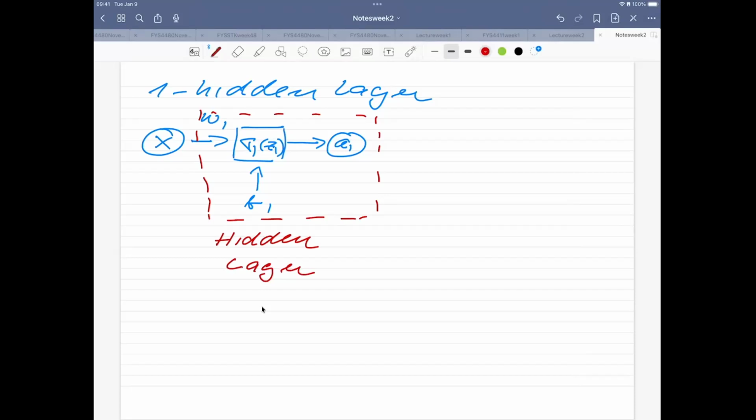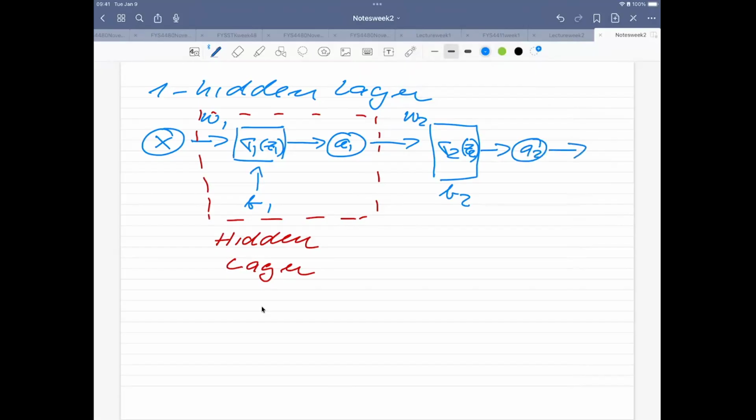Now this output which we have here, this feeds into the output layer. So this moves into the output. So we have a new sigma 2 here, but now we have a variable Z2. And there's going to be a bias B2 and a weight W2. And this produces an output, which I'm just going to call A2.